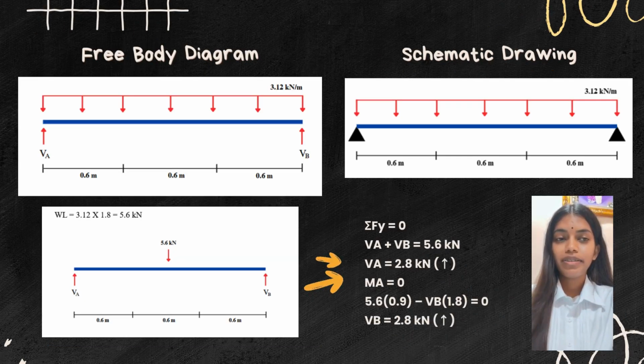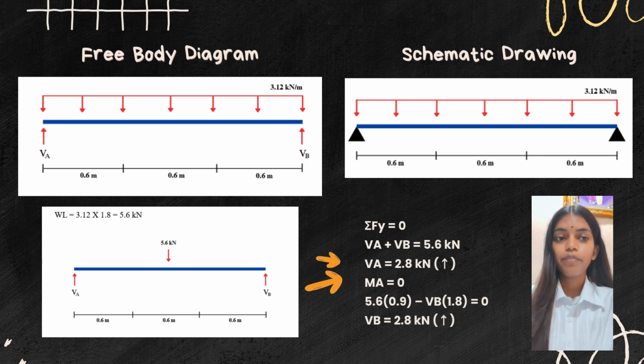On this slide, I present the free body diagram of the horizontal beam. The total uniformly distributed load WL is 5.6 kN. Since the beam is simply supported at both ends and the load is symmetrical, the reactions at both supports are equal, which is 2.8 kN.